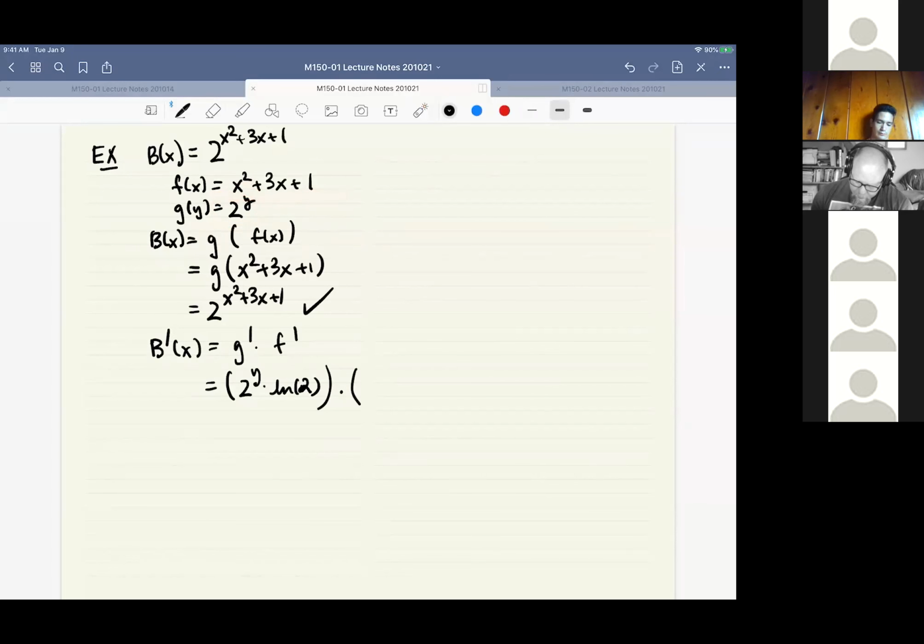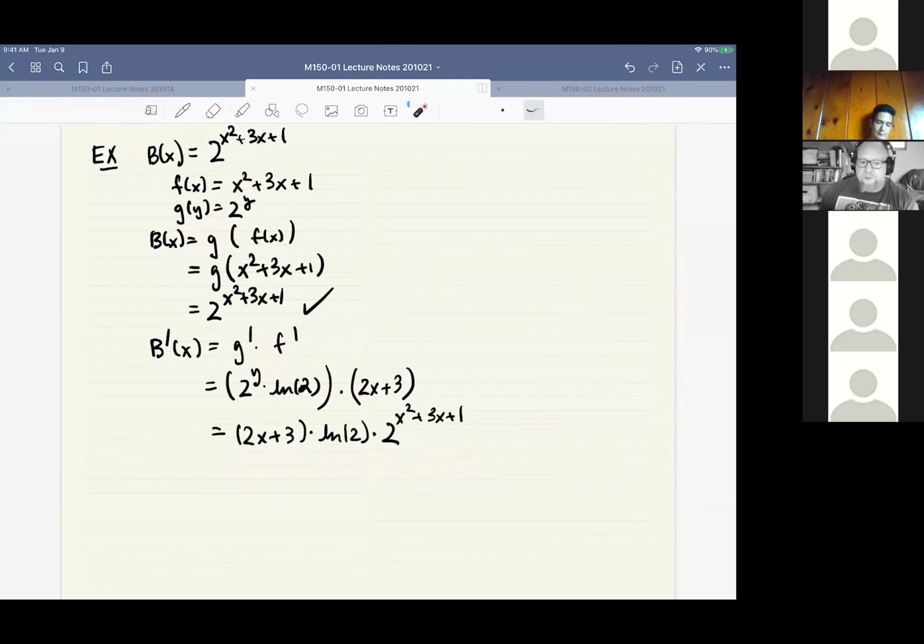That's just a derivative of a polynomial. That's 2x plus 3 in this case. So just moving things around a little bit, that's 2x plus 3 times the log of 2 times 2 to the y, which I'm going to write as 2 to the x squared plus 3x plus 1. Right? So that's that derivative.